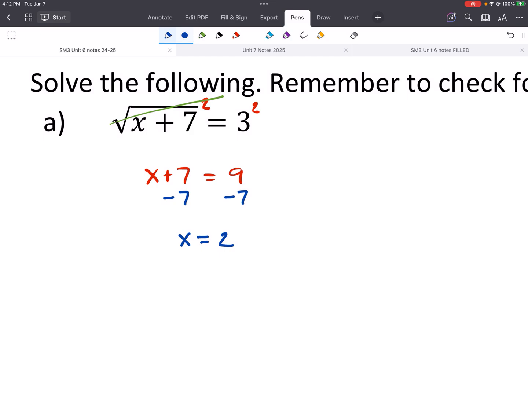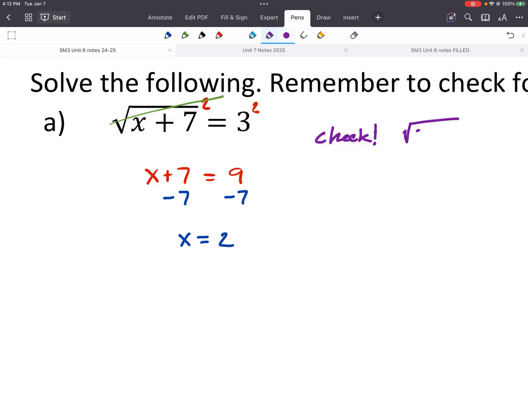Let me show you how we can do the checking. We need to check whether we actually have a solution or not. Maybe I'll use a different color here. We'll use purple. So this is going to be our check. What we're going to do is just plug it in.